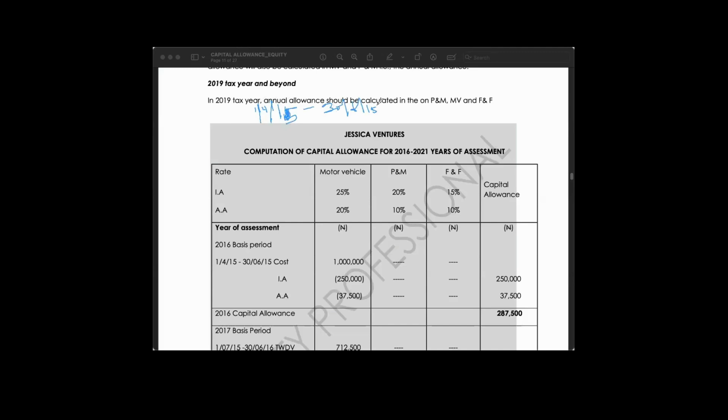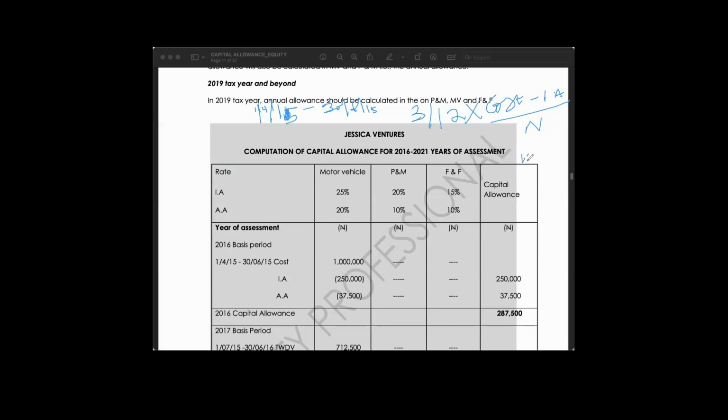How many months is this? 3 months. So we say 3/12 multiplied by cost minus initial allowance divided by N. How many years is our N?